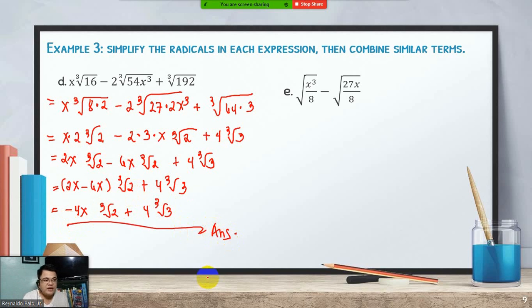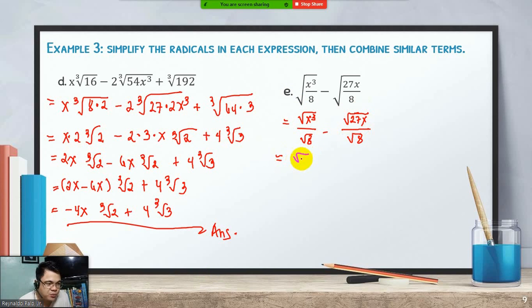Next, we have cube root of x cube over 8 minus cube root of 27x over 8. So the next thing is, of course, quotient rule. We have cube root of x cube over cube root of 8 minus cube root of 27x over cube root of 8. Alright, so let's factor the numerator of the first one.